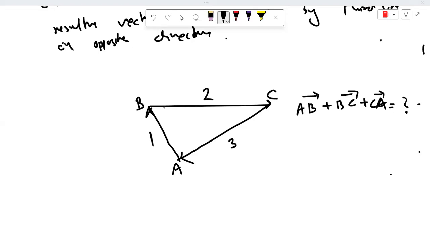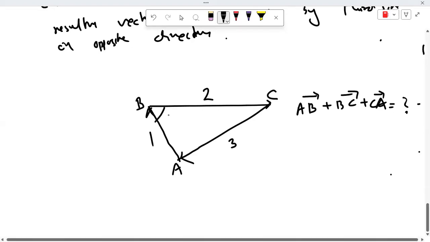You can take the angles also. This is suppose 60, no, it does not look like 90. 30, 30, and take this as 120.